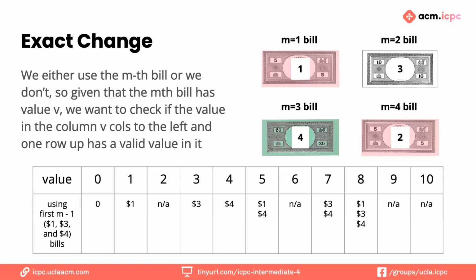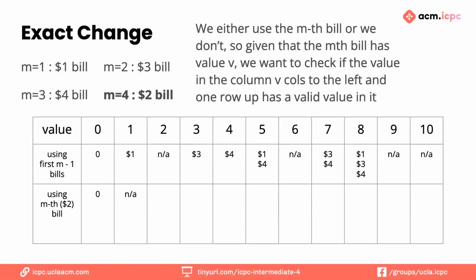That's a kind of confusing concept, but it's the same idea that we were using before with the plank and with our coins, where we're checking if we have an answer to a subproblem, and then we're going to add the mth bill to that value in order to reach this new value. And because we're using this 2D approach, we have to check the row above and columns to the left. We will go over that now.